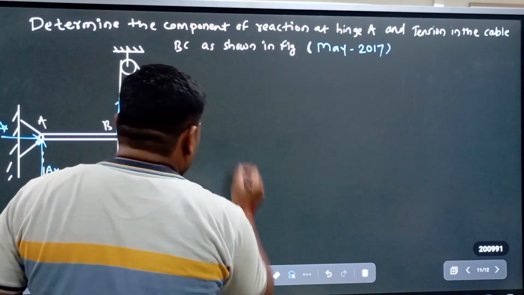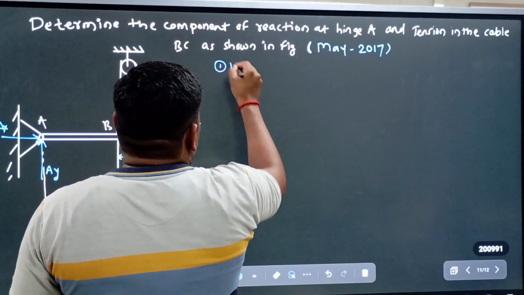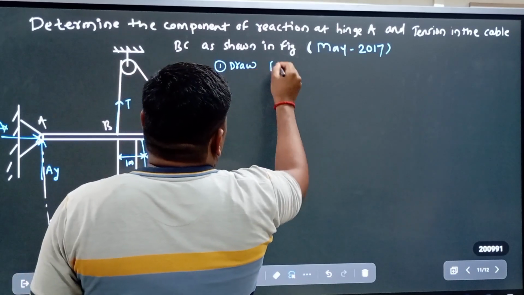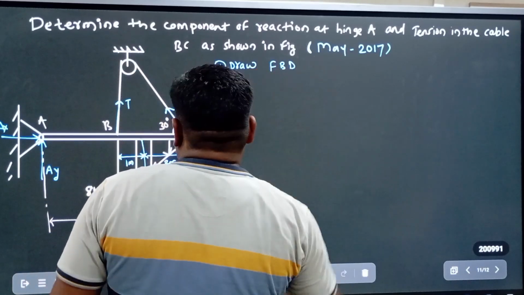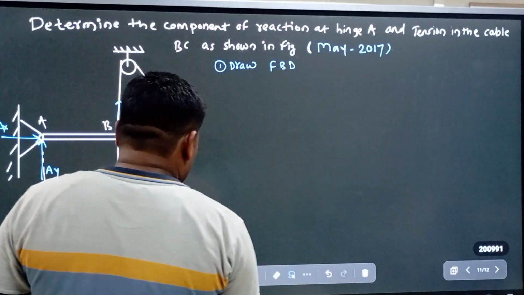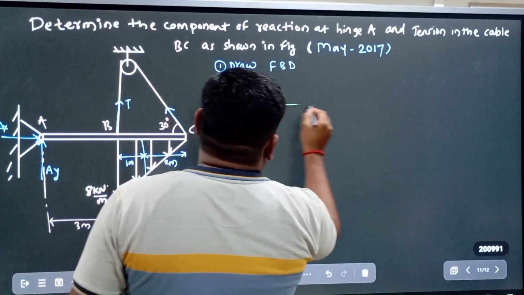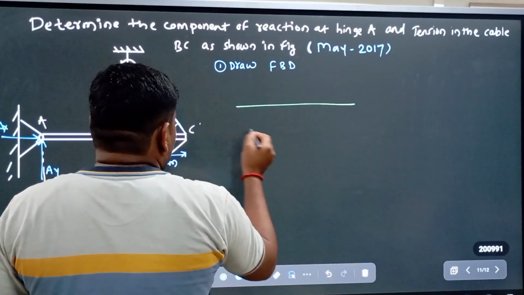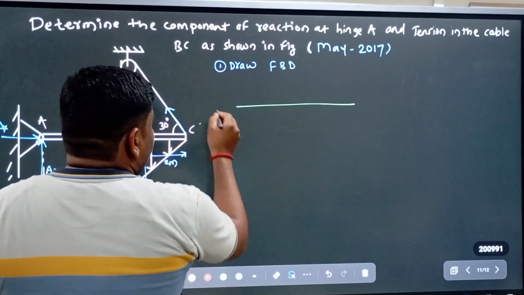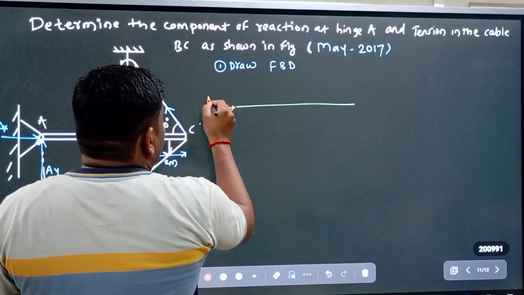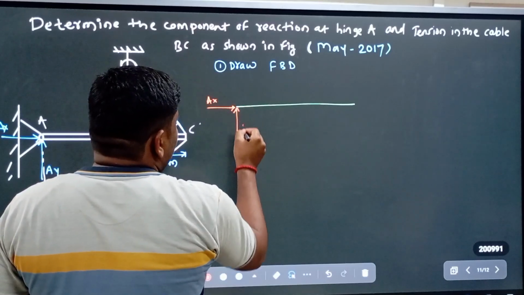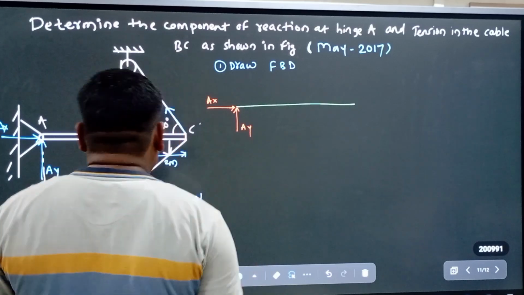So here the first step is to draw the free body diagram. Here the line where the reactions at point A are AX and AY.